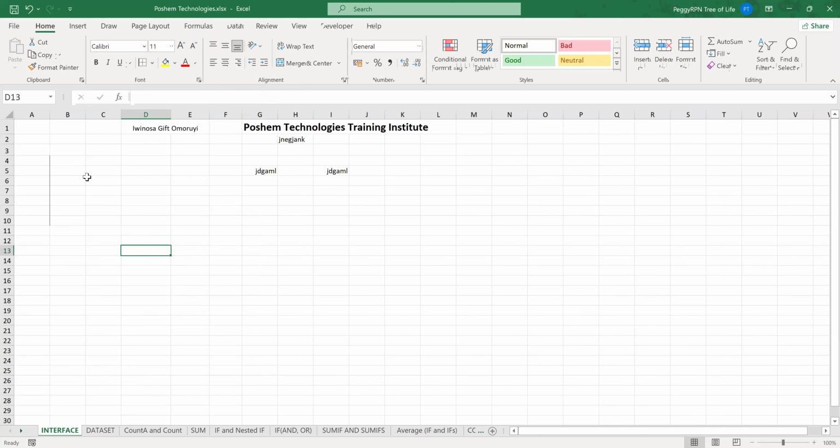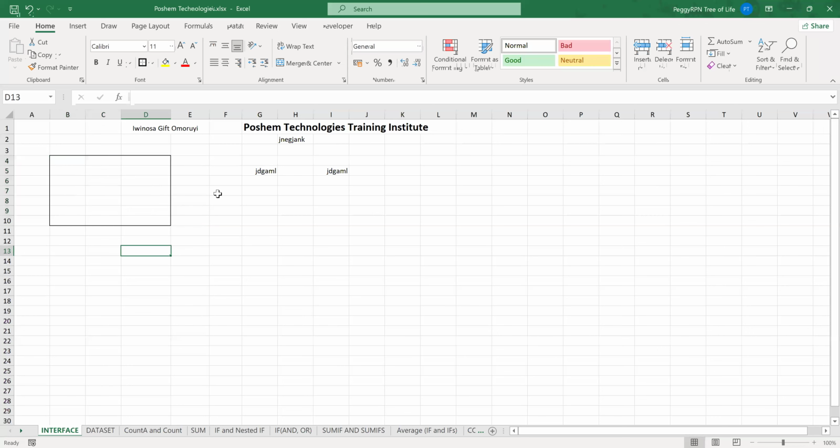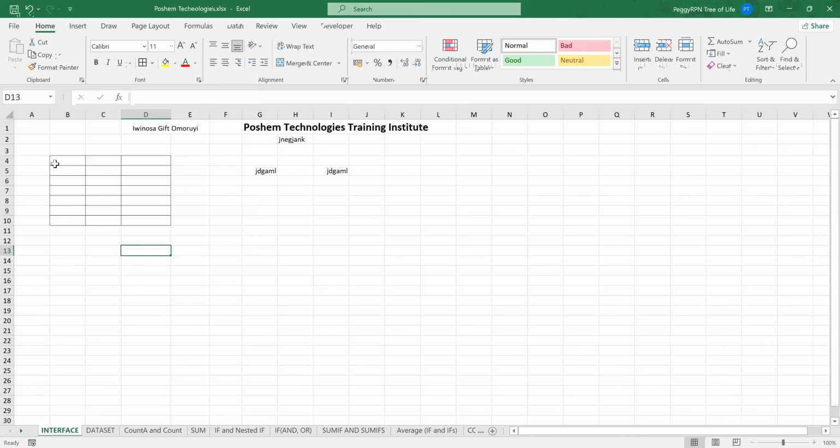So when you click here now, you have this line. I don't know if you can see it very well. Or I can come here and choose this instead, making it thicker. You can see this now. And I can also highlight everything in all borders. So you can see this, like this.